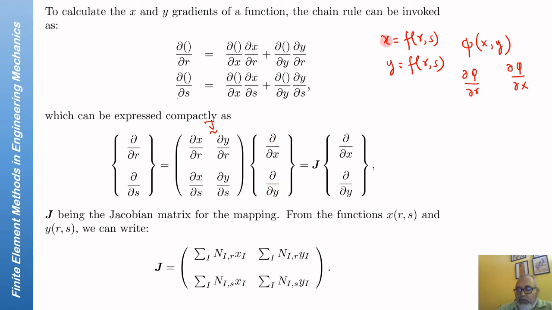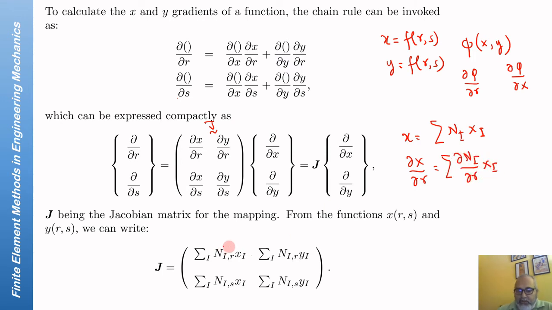Now this mapping is known in terms of the shape functions. So del x del r can be easily calculated. Remember, x is equal to the summation of Ni xi, where i goes from 1 to 4 in the case of the Q4 element. So del x del r, these are functions of s and r, will be del Ni del r times xi.